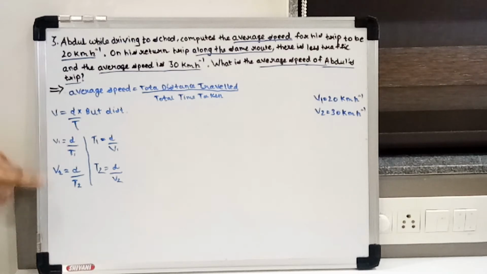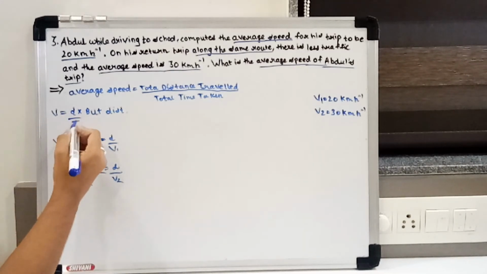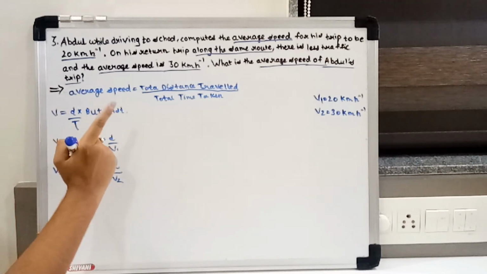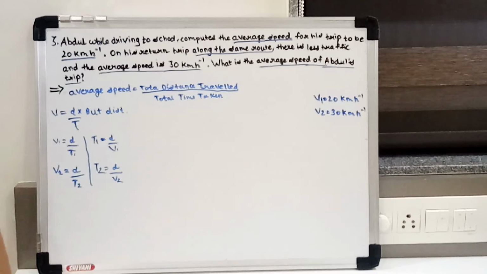Note down these three important things for this sum. For this sum, velocity is not displacement but distance, so velocity is equal to distance upon time.